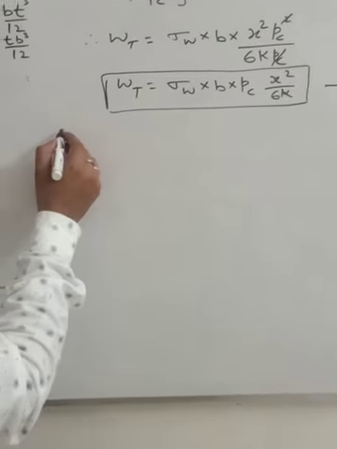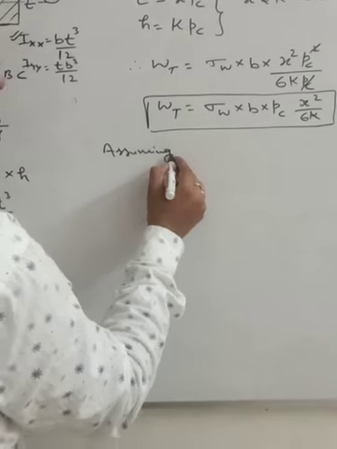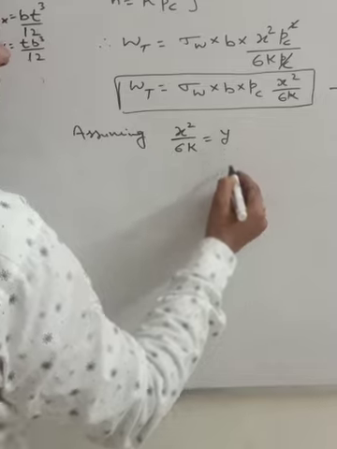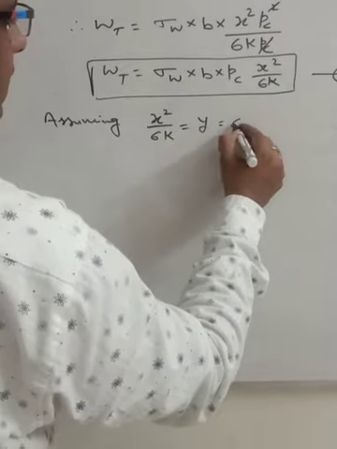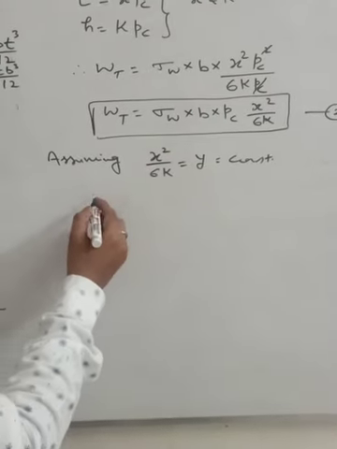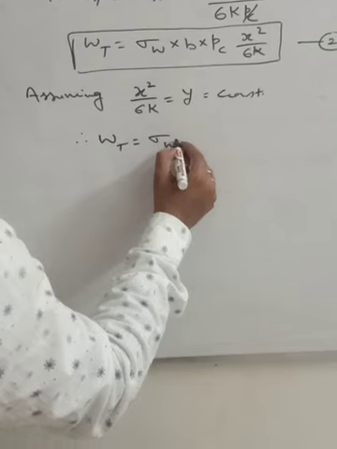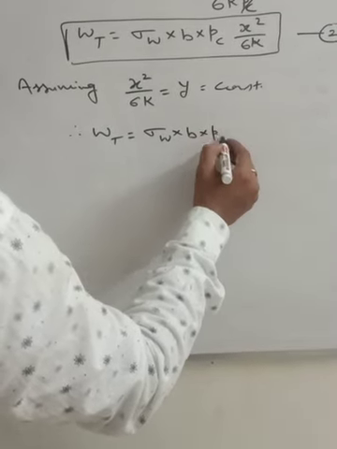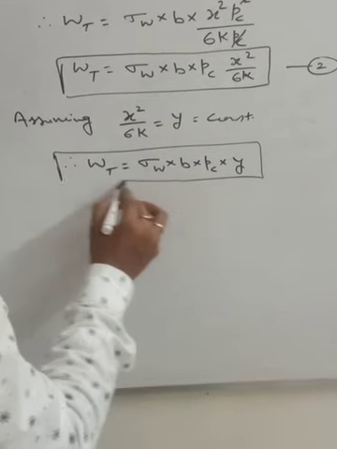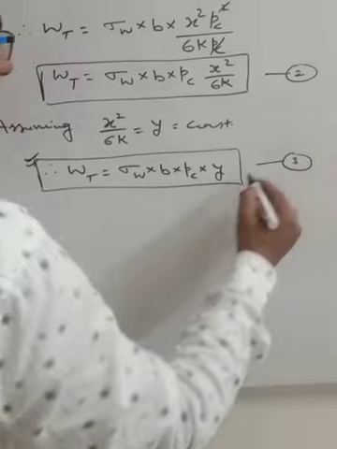Now let us assume that this x square by 6k is further a constant y. Then by putting the value in this equation, Wt is equal to sigma w b Pc into y. This equation is known as the Lewis equation.